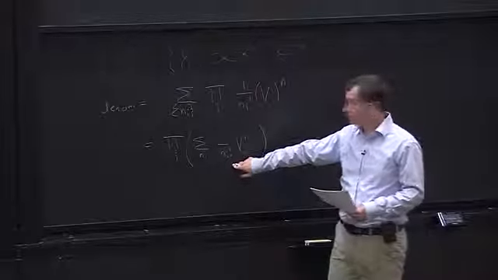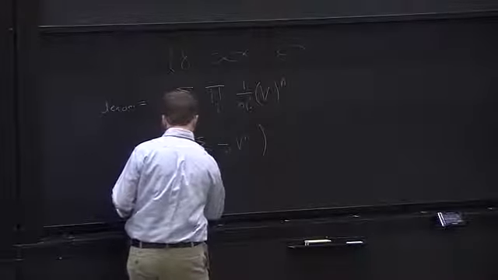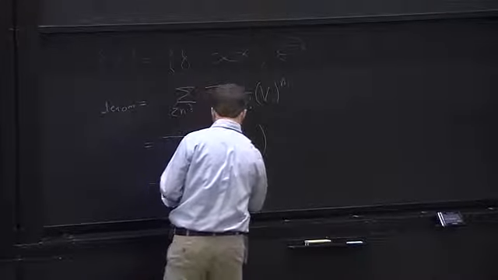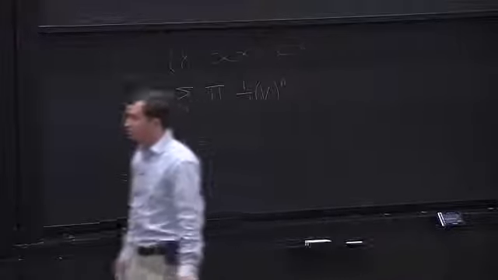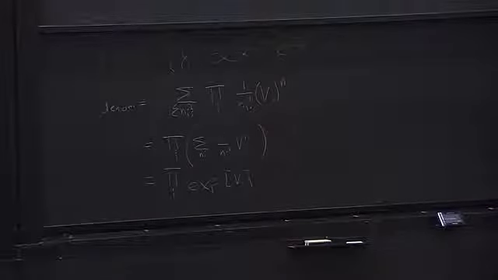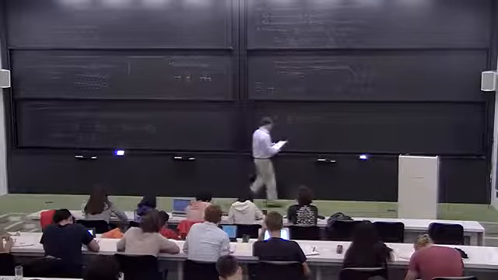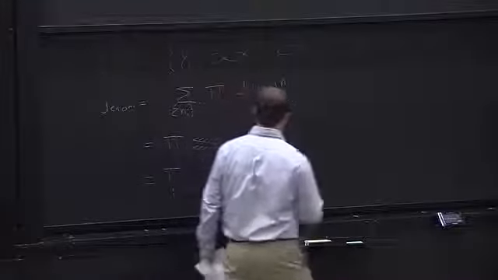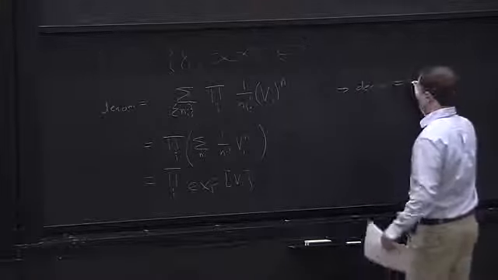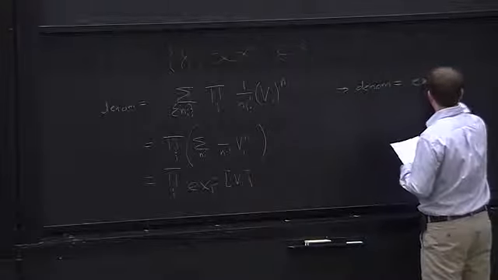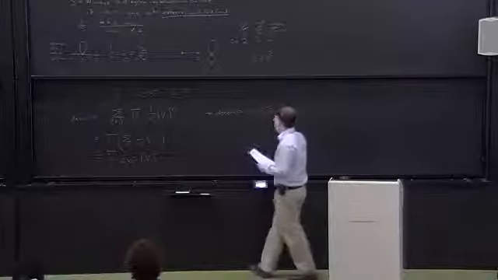But this here, in the parentheses, is nothing other than the exponential of vi. Just the exponential of this diagram. The same reasoning we used here. And so it tells us the denominator is equal to the exponential of the sum of the connected vacuum diagrams.